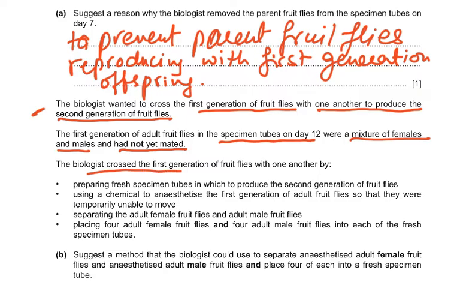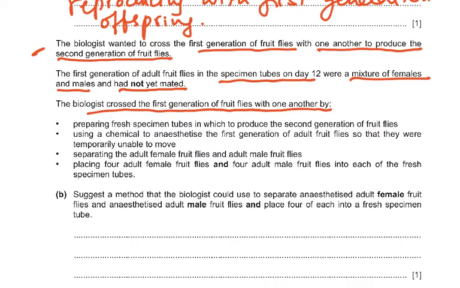The biologists crossed them by preparing fresh specimen tubes in which to produce the second generation, using a chemical to anesthetize the first generation of adult fruit flies so that they were temporarily unable to move, separating the adult females from the adult males, then placing 4 adult female fruit flies and 4 adult male fruit flies into each of the fresh specimen tubes.